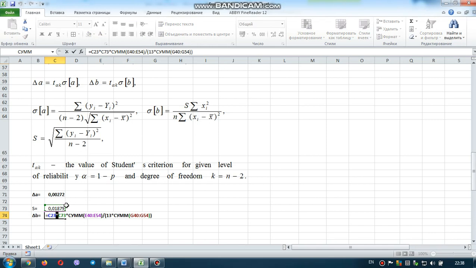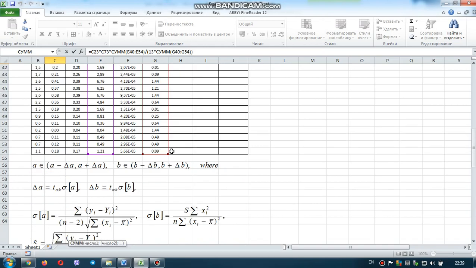Delta B value is determined by this formula. We substitute the S into the formula multiplied by the student criterion as well, and multiplied by the sum of the x squared values.